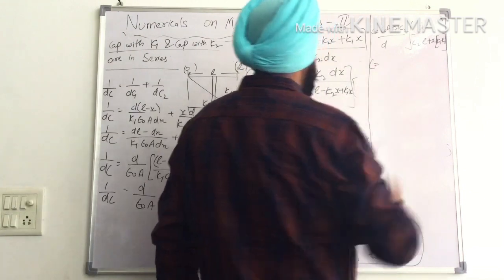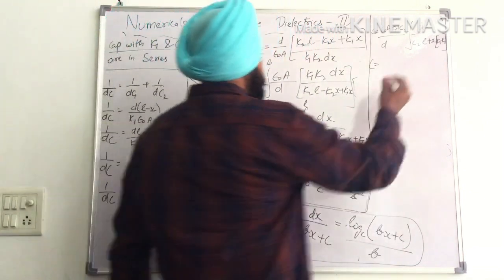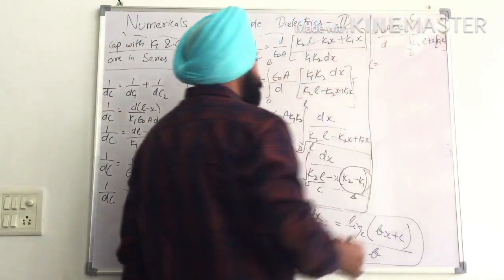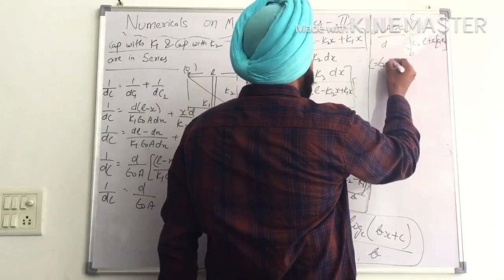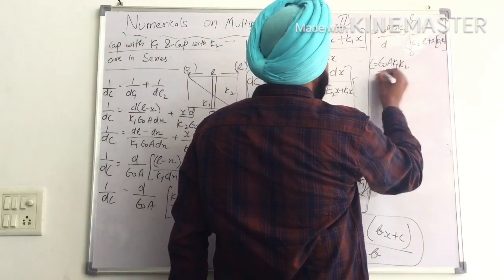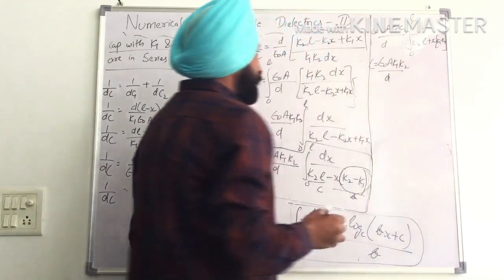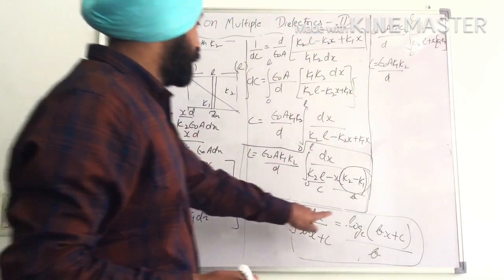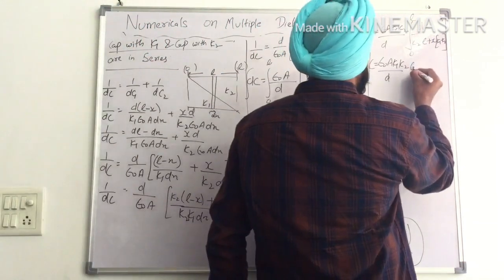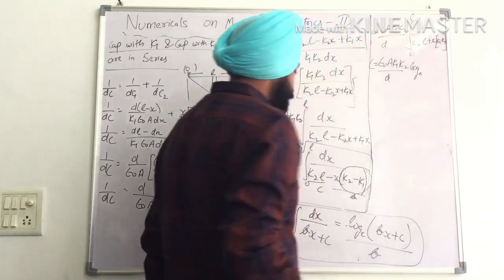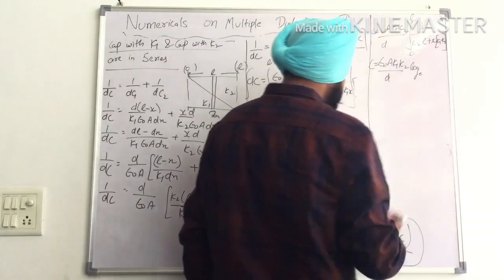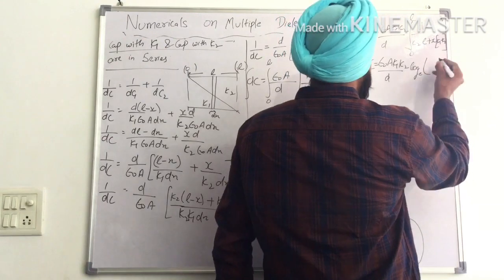Now I will be doing integration. Of course our limits will remain 0 to L. So our integration will be log, natural log base e, bx plus c.